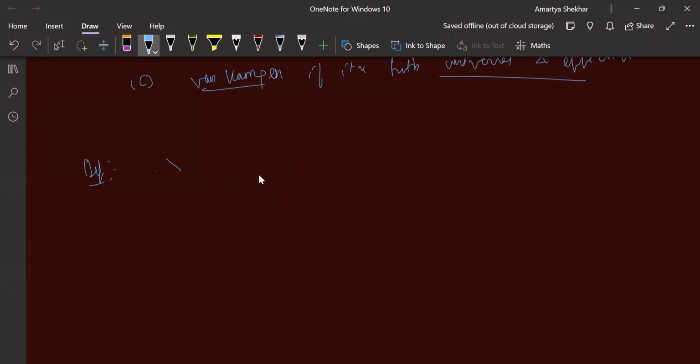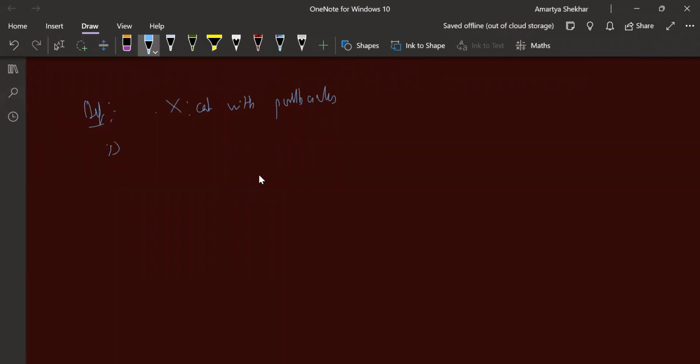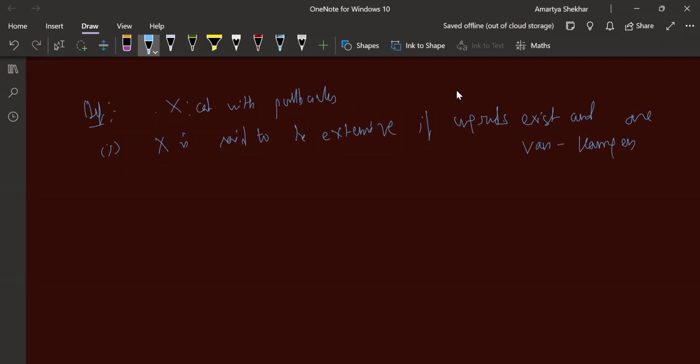If X is a category with pullbacks, then X is said to be extensive if coproducts exist and are Van Kampen.